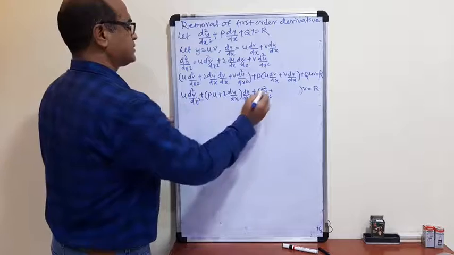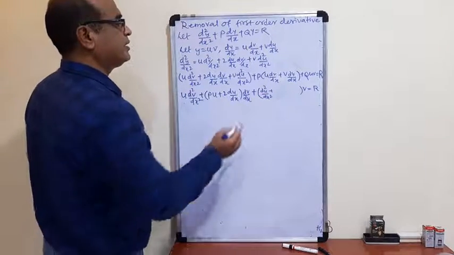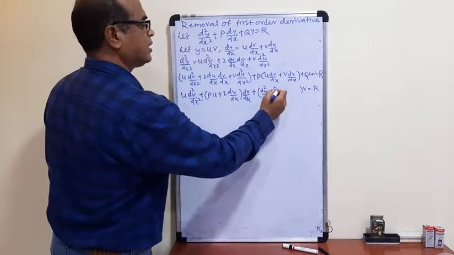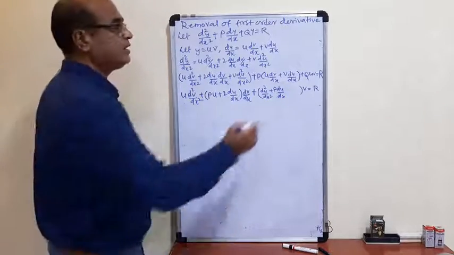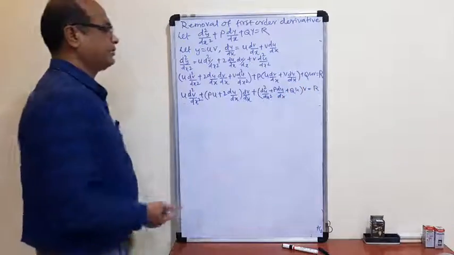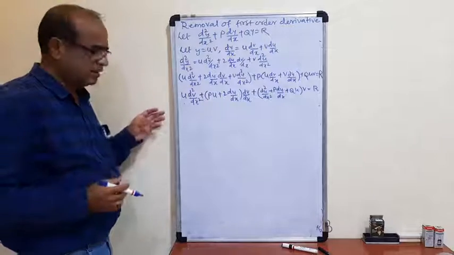Again plus coefficient of v, again, p into du by dx. This is the coefficient of v plus qu. Okay, so this is very simple. After simplification we get this.